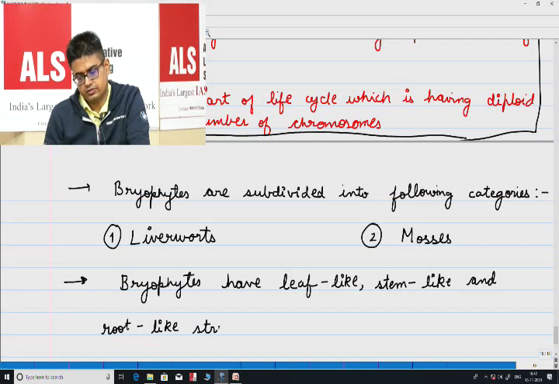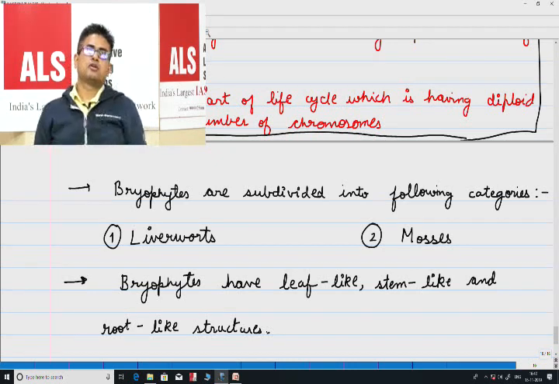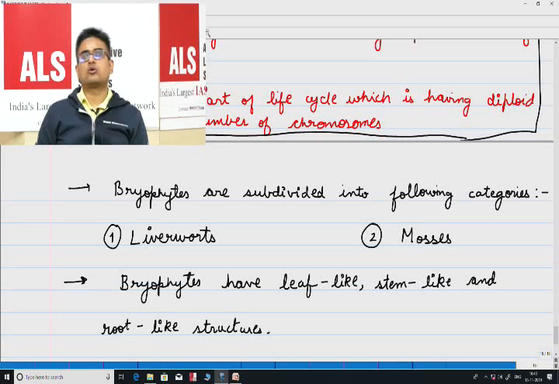What does this mean? True plant organs are absent.